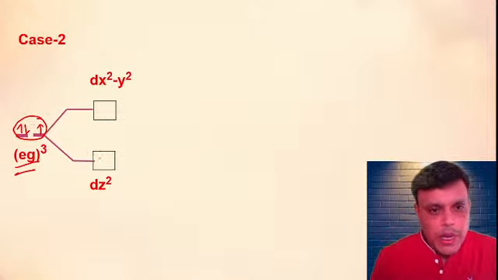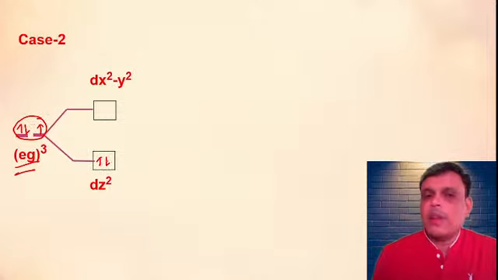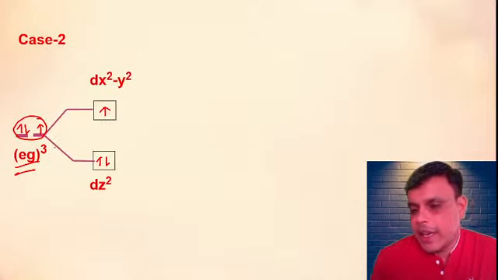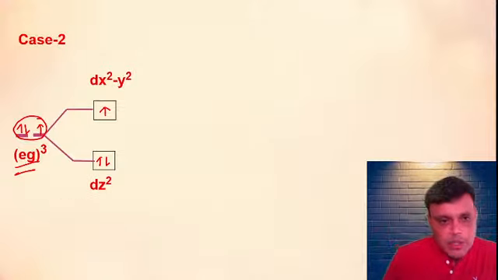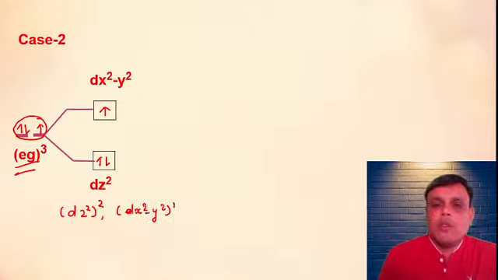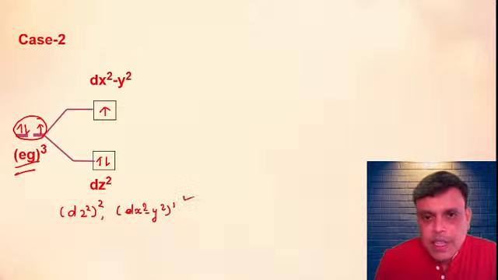So according to the rule, dz square में 2 इलेक्ट्रॉन जाएंगे एंड dx स्क्वायर माइनस y स्क्वायर में एक इलेक्ट्रॉन जाएगा. So its electronic configuration will become dz square 2 and dx square minus y square 1. Now when this electronic configuration is there, then axial elongation takes place.